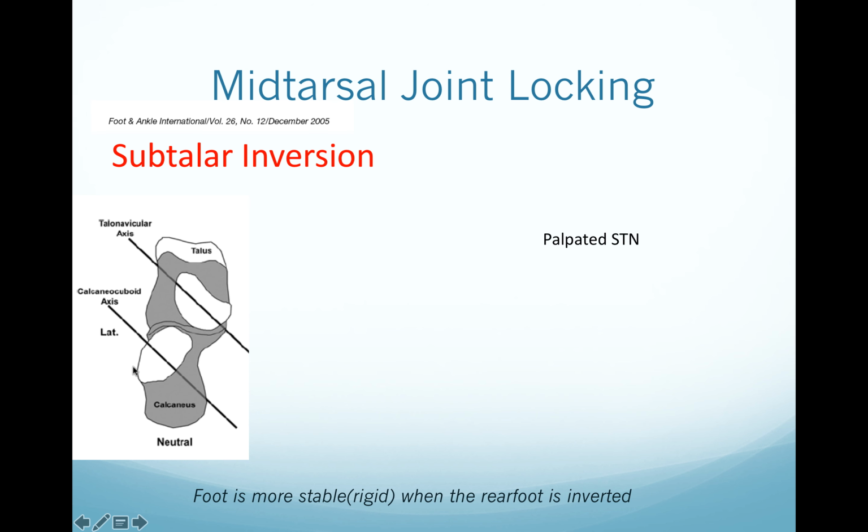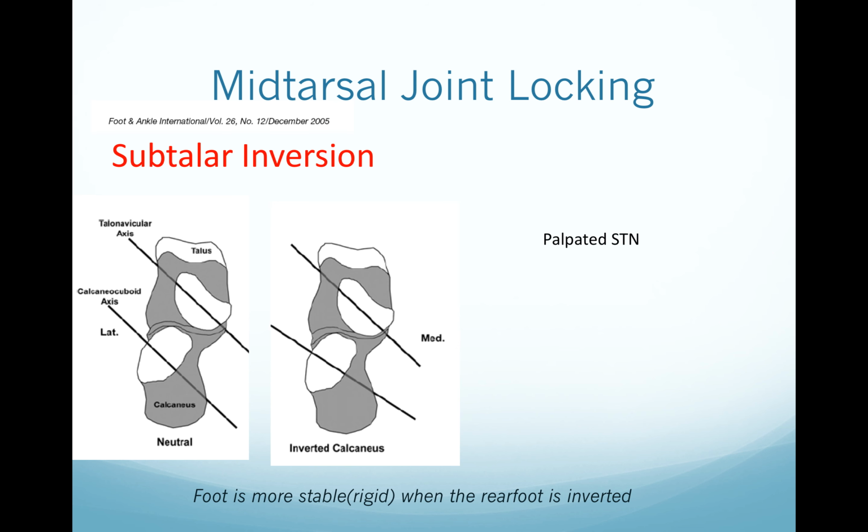So one mechanism that's been proposed has been the locking of the midtarsal joint axes. And so essentially here we see the individual axes of the talonavicular joint and the calcaneocuboid joint with the subtalar joint in neutral. So we can see pretty good alignment here between the talus and the calcaneus. And notice that the axes are in parallel.